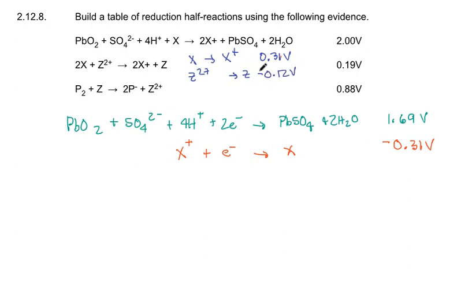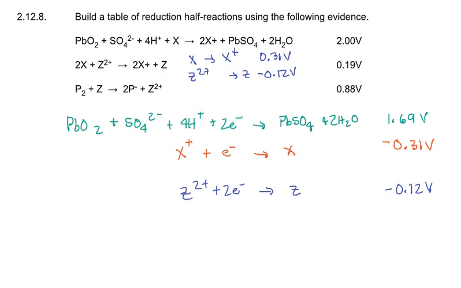And this one is written in the order it should be in the data book, with the positive on the left, then it gains electrons and turns into Z. So we could say Z2 plus, throw in the electrons. This looks like a proper half reaction. Turns into Z, gives us negative 0.12 volts.